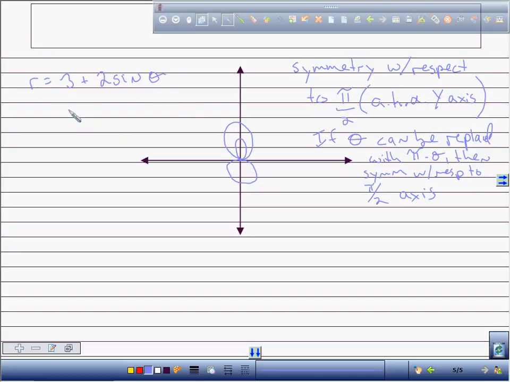But to show you that this is true, I'm going to plug in 3 plus 2 sine of pi minus theta. Now, this is like the angle subtraction formula, alpha minus beta. Anyone remember what that was?